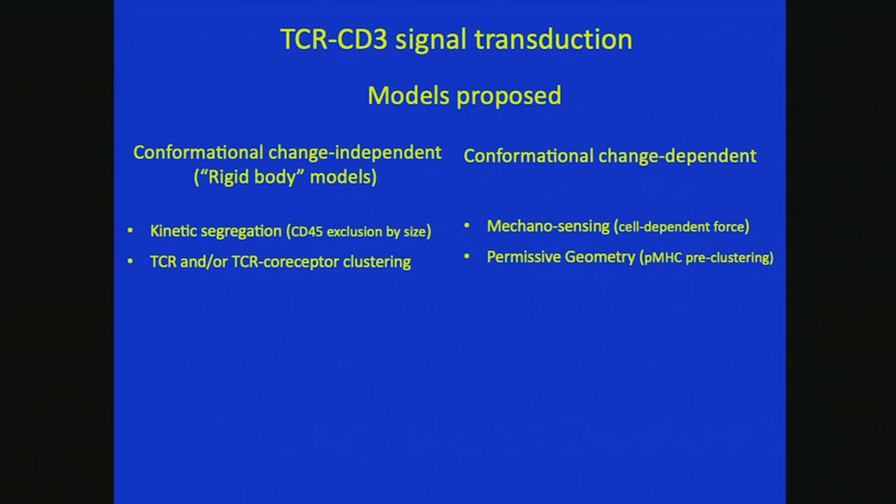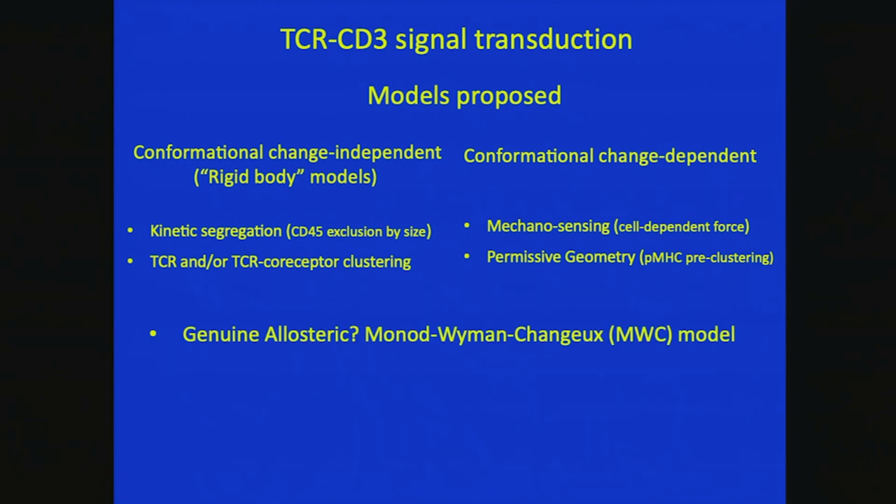But how frequent they are, how oriented they are, it's mostly stochastic. It's difficult to imagine that it's always the same. We can discuss about it. And the other was a pervasive geometry, which essentially required pre-assembled peptide MHC clusters, which is also, for a number of reasons, quite a problem. However, a genuine allosteric mechanism, what I call the Monod-Wyman-Changeux model, nobody considered.